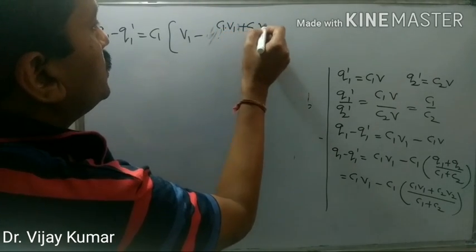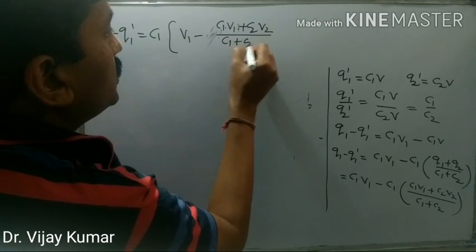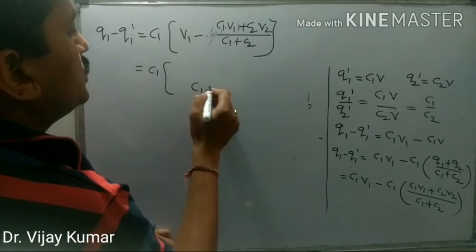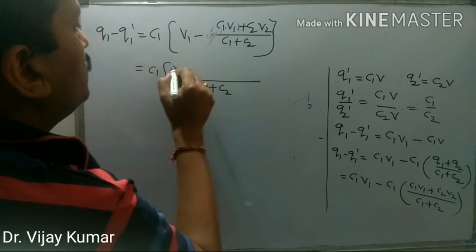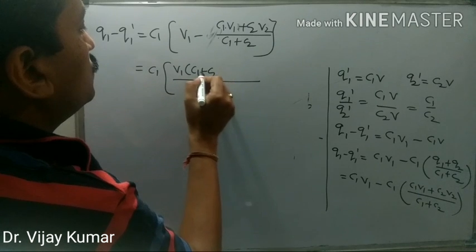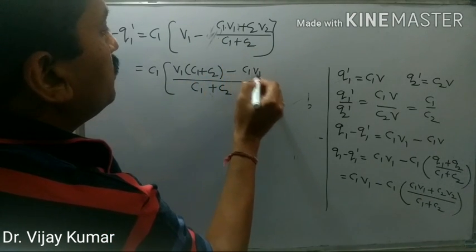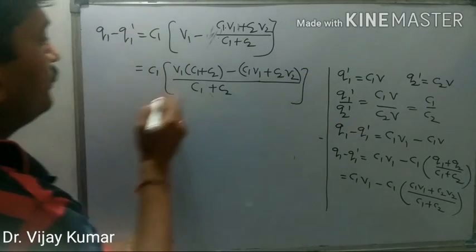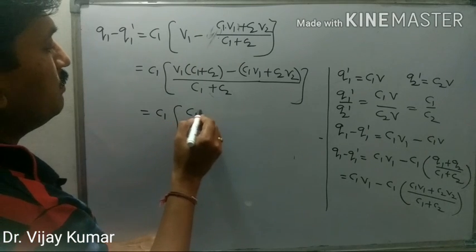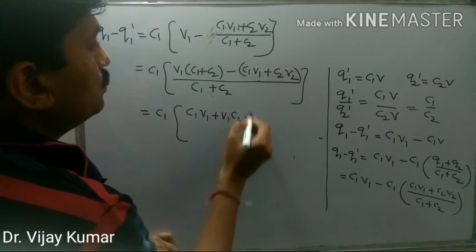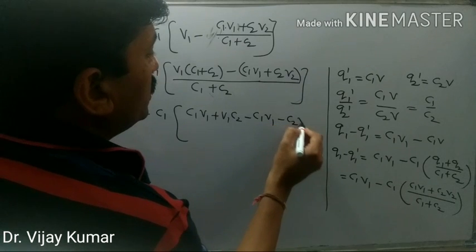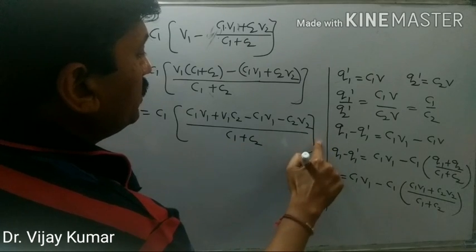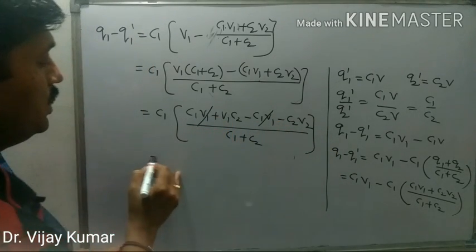C1V1 plus C2V2 upon C1 plus C2, all over C1 plus C2. Now it is V1 into C1 plus C2 minus C1V1 plus C2V2, and it becomes C1V1 plus V1C2 minus C1V1 minus C2V2 upon C1 plus C2, and C1V1 cancels out.